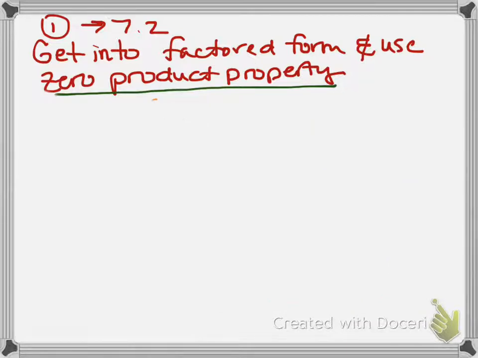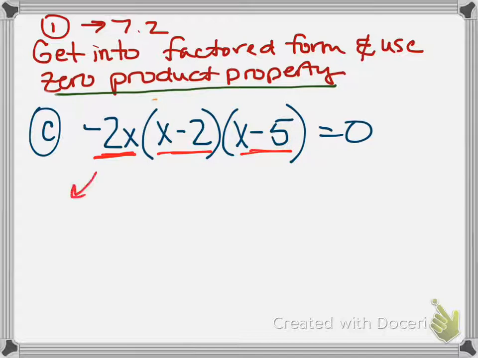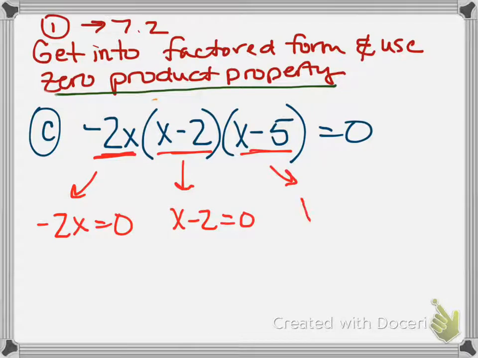Okay. 1c. Negative 2x times x minus 2 times x minus 5 equals 0. So here we go again. Three terms, 1, 2, 3. So negative 2x equals 0, or x minus 2 equals 0, or x minus 5 equals 0.